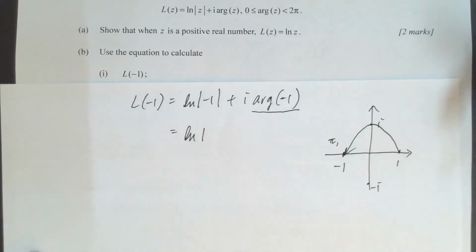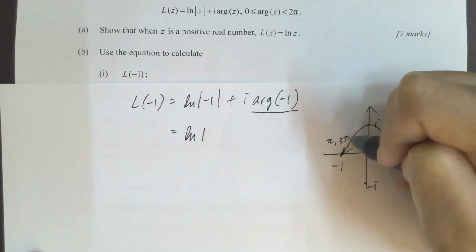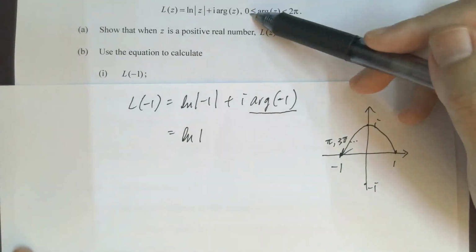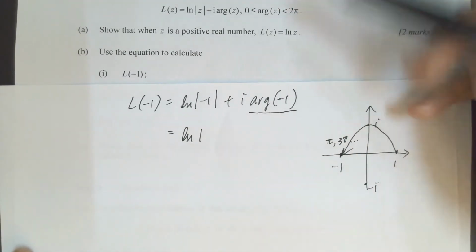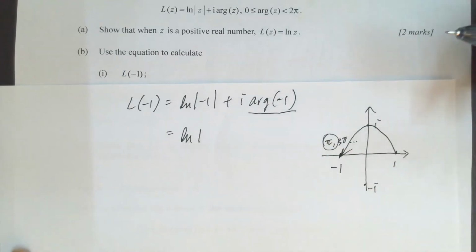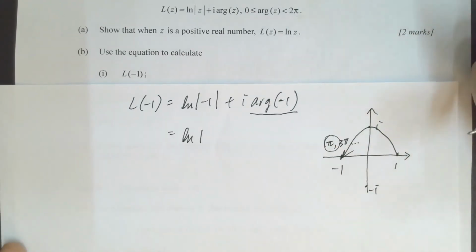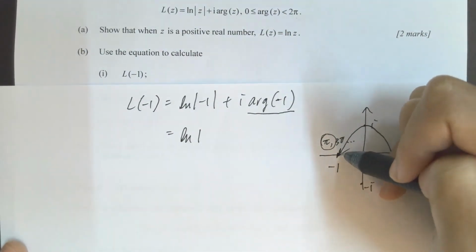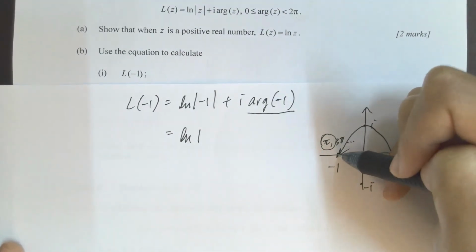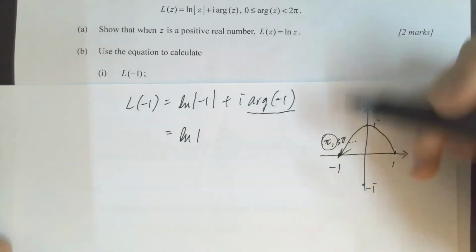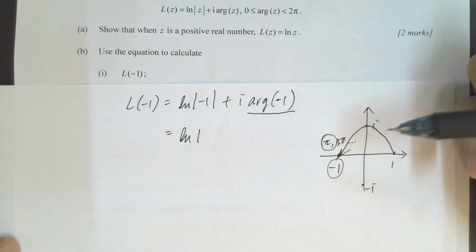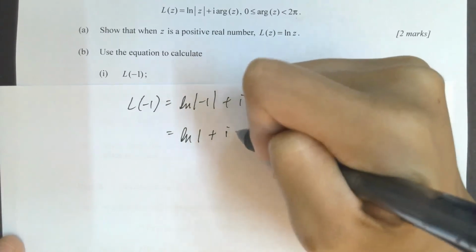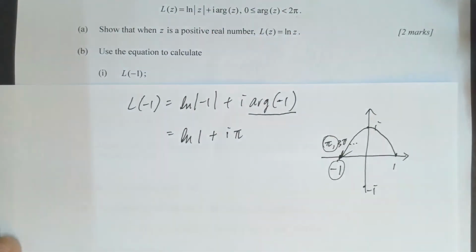It has to be pi or 3 pi, etc. But because we've restricted it to between 0 and 2 pi, the only choice we got is pi. So the angle of this particular complex number, which is a real number in our case, of -1, has got to be pi. So this has to be plus I of pi.